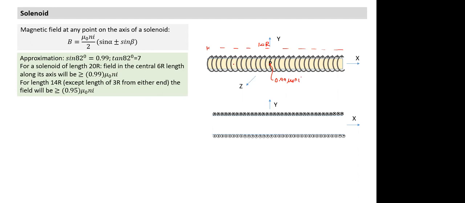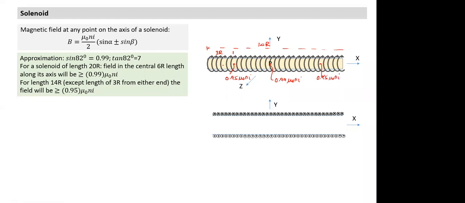Similarly, I can calculate at a point 3r from the end. This is 3r, and this side will be 11r. This comes to roughly 0.95 mu naught Ni. Similarly, from the other end at 3r it also comes to 0.95 mu naught Ni.